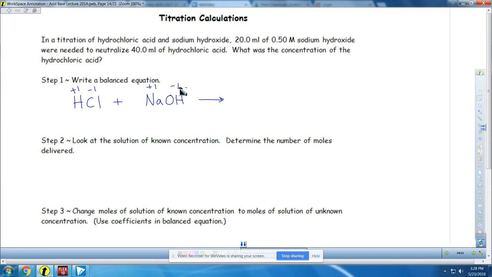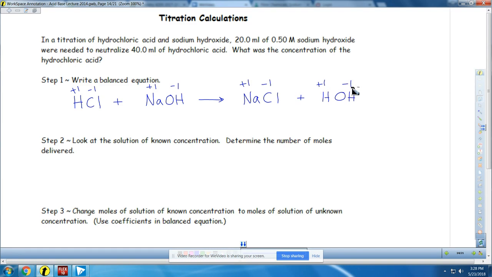If I do a double replacement, I can either switch the positives or the negatives. I usually just switch the positives because they come first and there's really no other better reason. So I'll have sodium with chloride and then hydrogen with hydroxide. And again, everything should be nice, easy ratios, +1, -1.